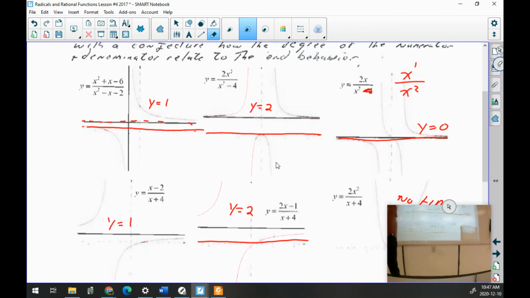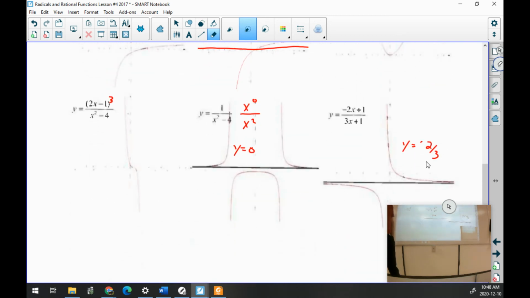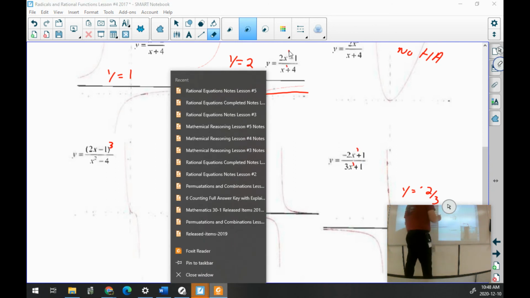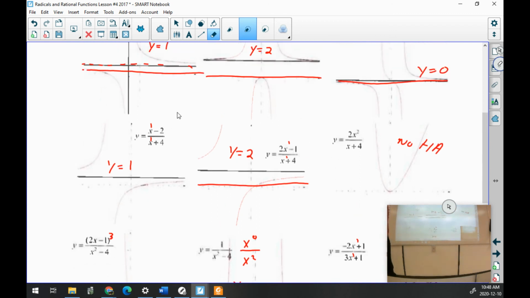The other ones that have different numbers, we have y equal to 1, y equal to 2, y equal to 2. Down here, y is equal to negative 2/3. What they all have in common is that the degrees of the polynomials are all the same.